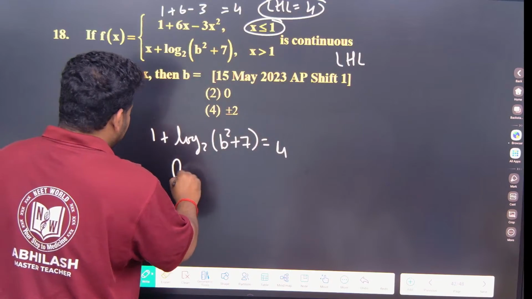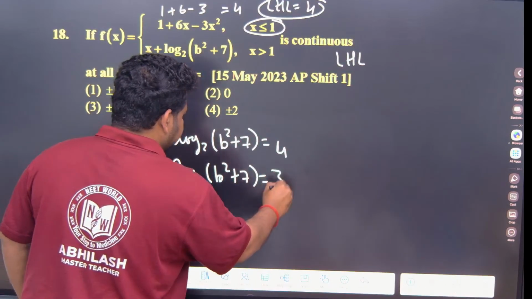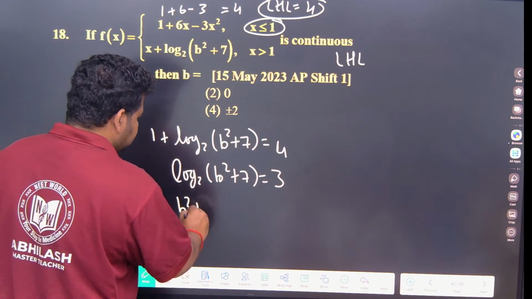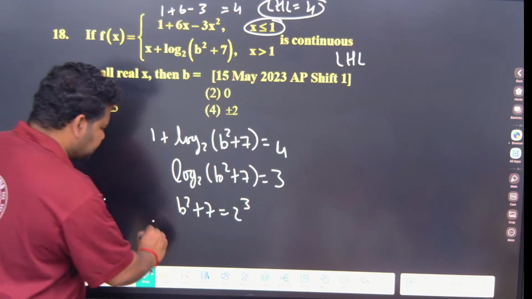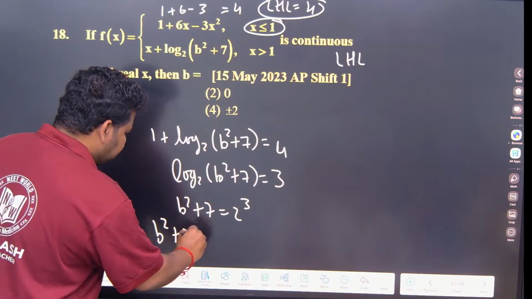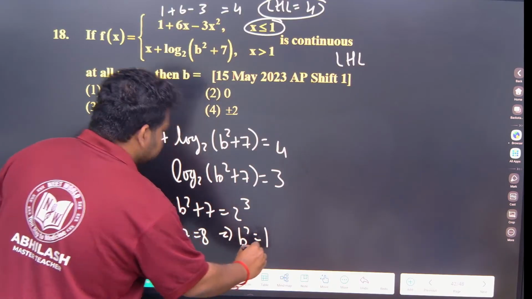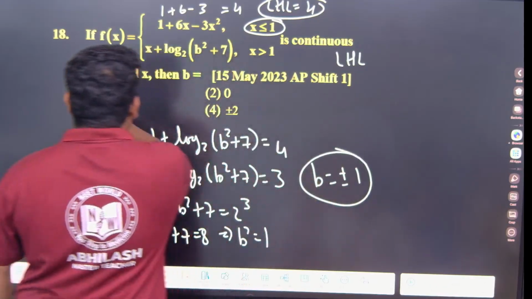Now log base 2 of b square plus 7 is equal to 3. Now b square plus 7 is equal to 2 power 3, which is 8. So b square is equal to 8 minus 7, which is 1. So b is equal to plus or minus 1. Okay, the answer is the first option.